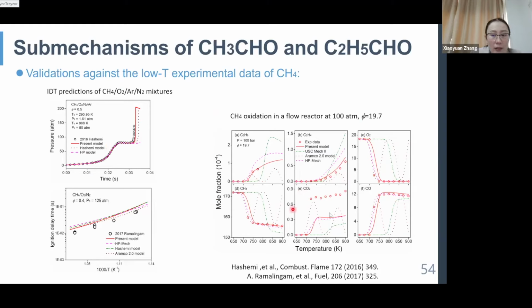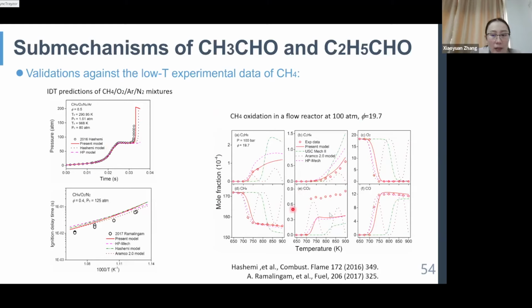Okay, in summary, in this section, we first developed the methyl-related growth chemistry. We adopted diacetyl as a methyl precursor to obtain experimental data at intermediate temperatures and various pressures.